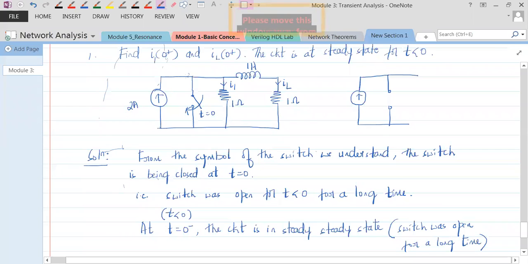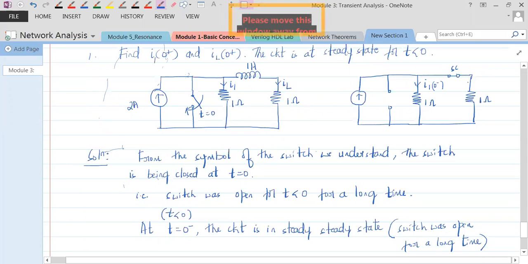Now there is a resistor which is 1 ohm, and I1 of 0 minus is flowing through it, mind you. Then the inductor has to be replaced by a short circuit. Then you have another resistor which also is 1 ohm.